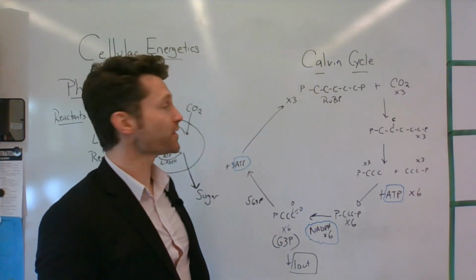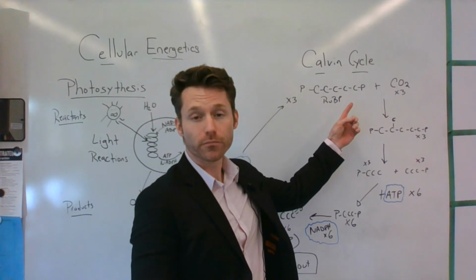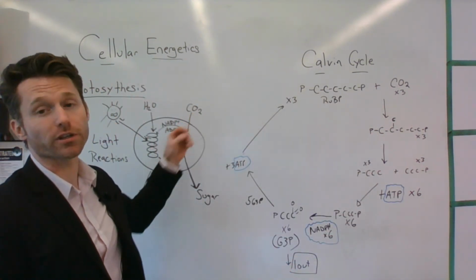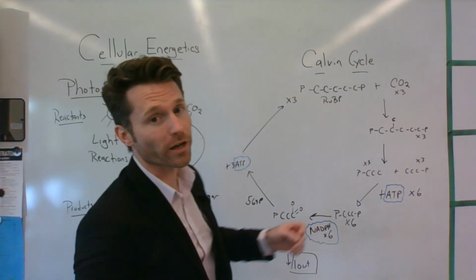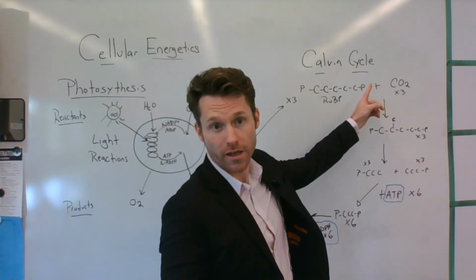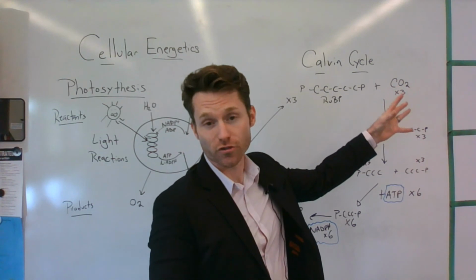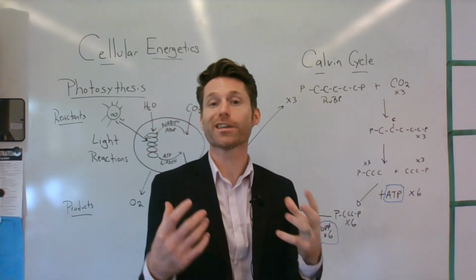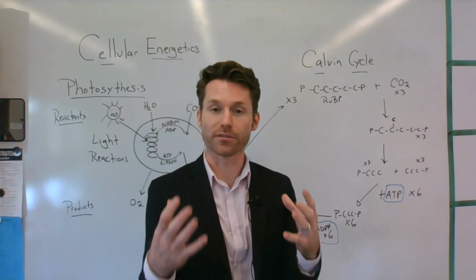So this whole process starts at the top. And now this is where our carbon dioxide is going to come in. So our carbon dioxide enters into the stroma, and it is ripped apart. We're using carbon dioxide as a source of carbon.